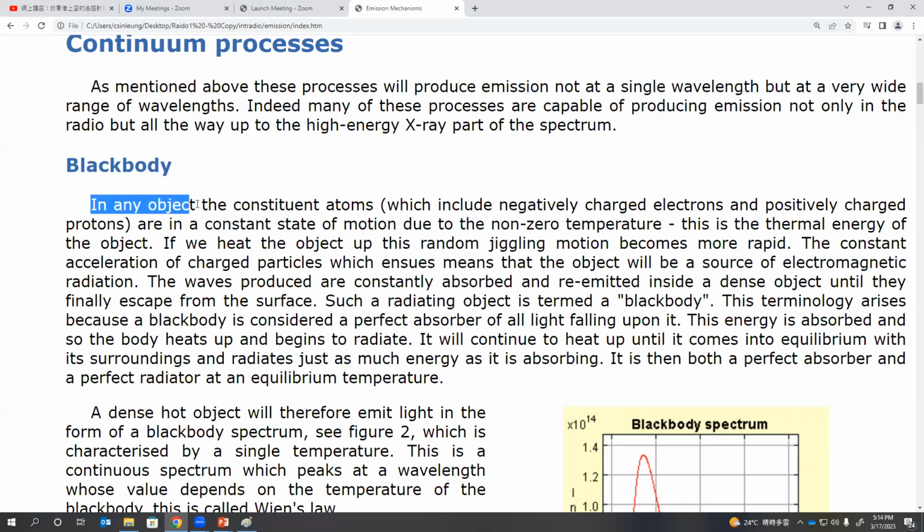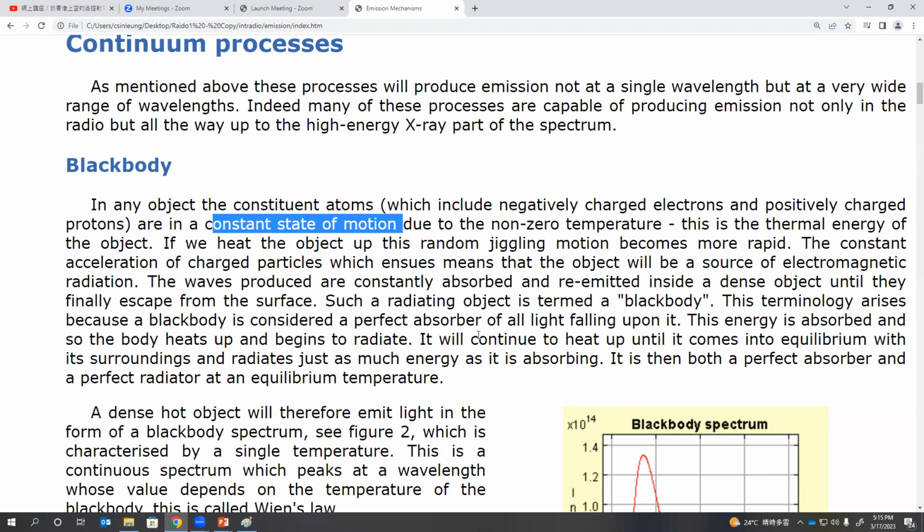In any object, there are constituent atoms, which means the object has negatively charged electrons and positively charged protons, and so on. They form atoms, and at any non-zero temperature they have a constant state of motion.